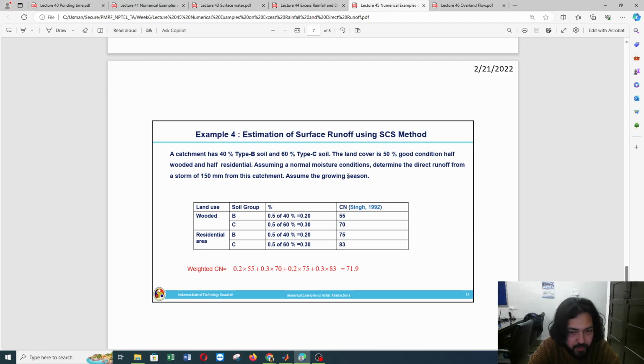It depends upon which type of land use is there, which type of soil is there, and what the AMC condition is, right? Here they have mentioned in the question itself that the moisture conditions are normal, that is AMC 2. So using these 3 given data, we got the value of CN, and also the value of percentage.